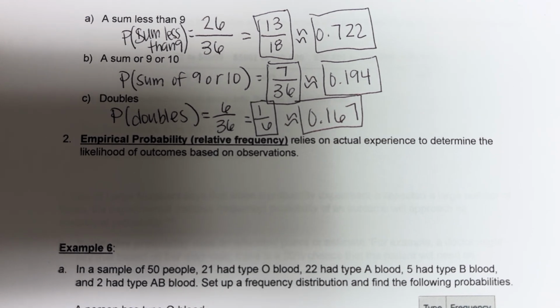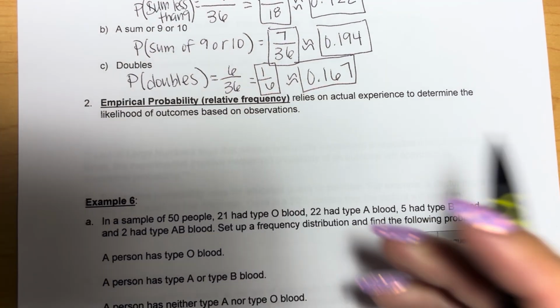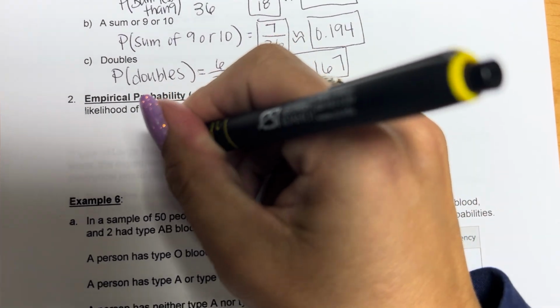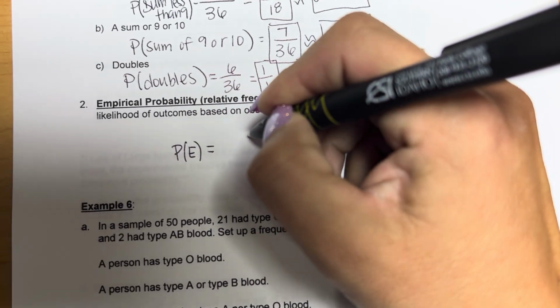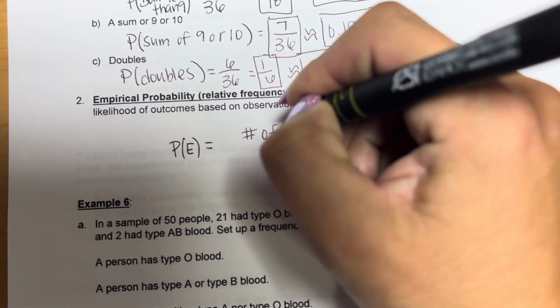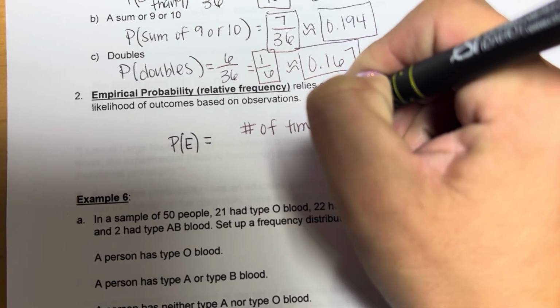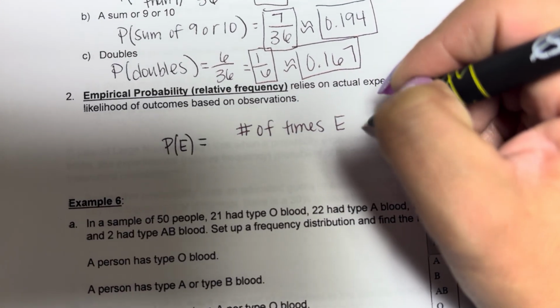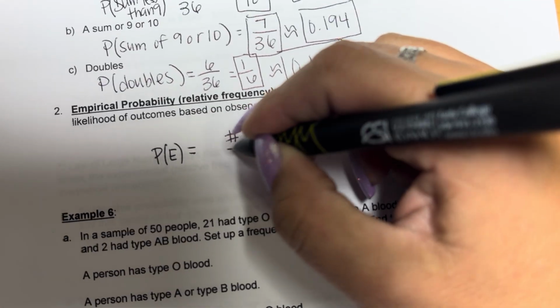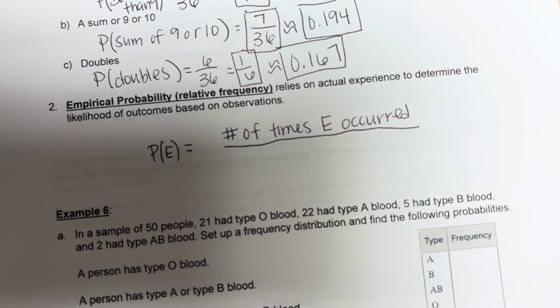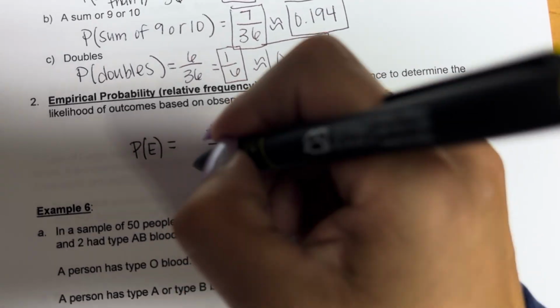Okay, so this one, the probability of the event equals the number of times E, the event, occurred, out of the number of times the procedure was repeated.